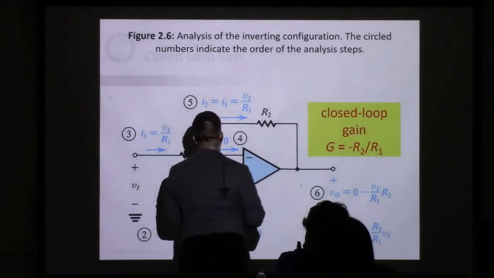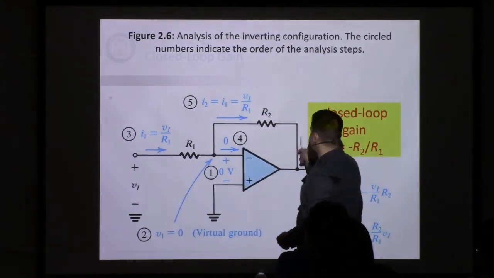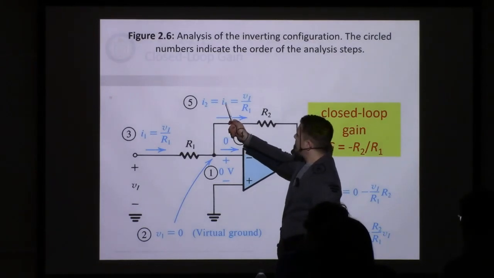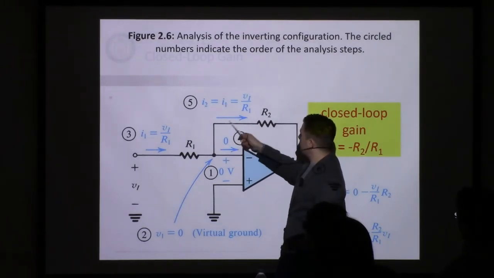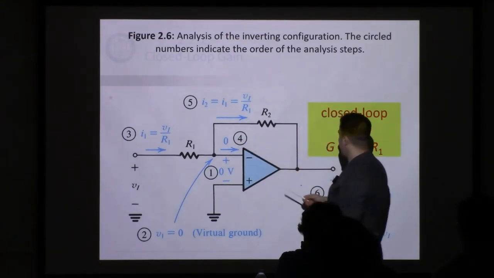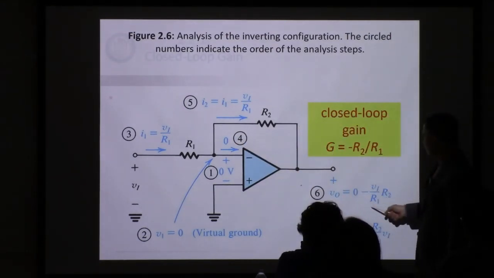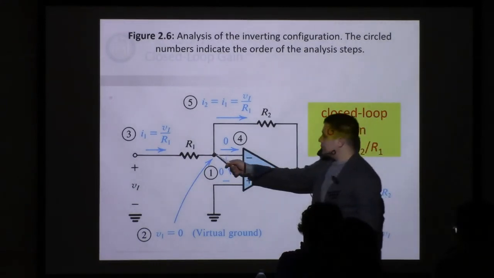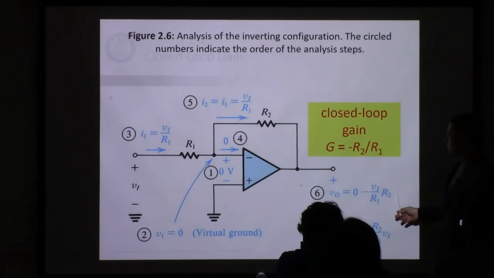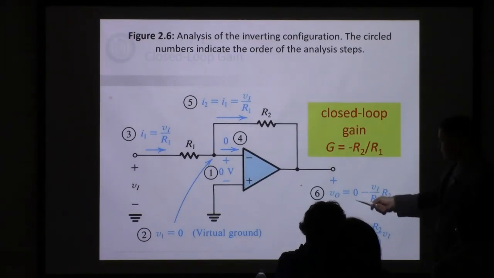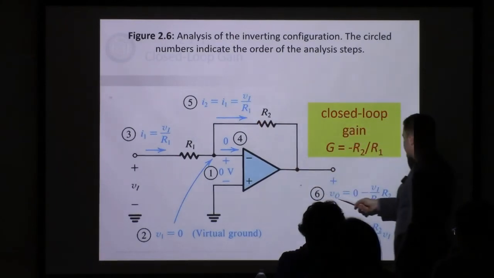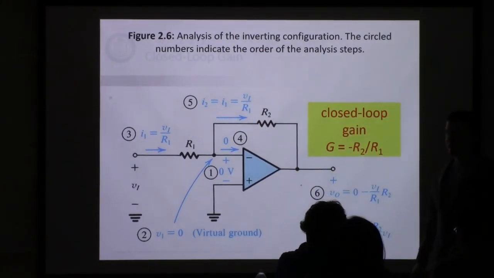Step number 5, apply KVL to this path here. We know that I2 equals I1, which will be equal to V in over R1. And then the last step is to apply KVL. We know that 0 minus the voltage drop across here will be equal to V out. This equation will substitute in this, pull it in down here, and we end up with that.